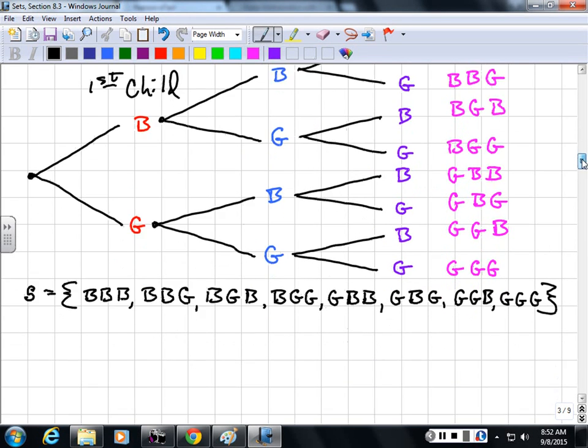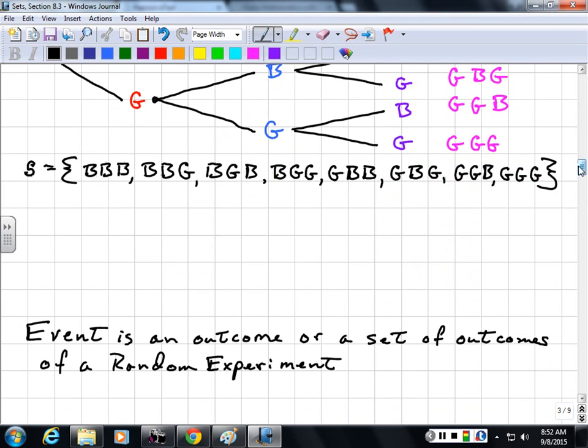Now, let's define this right here. An event. The event is an outcome or a set of outcomes of a random experiment.